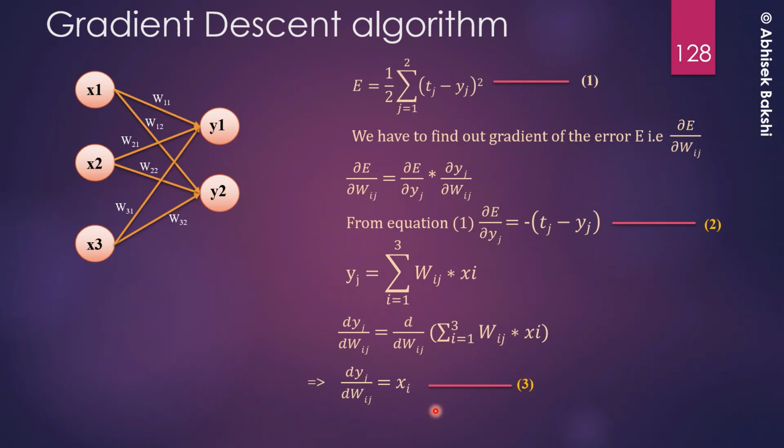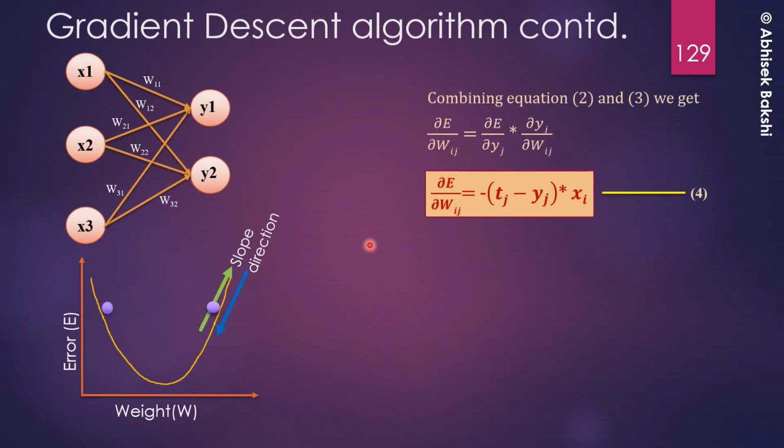So we have calculated the first term as well as the second term. Now what do we have to do? We have to just do the multiplication and find the final expression of the derivative of error with respect to wij. If I just combine these two, I will get minus tj minus yj multiplied by xi.